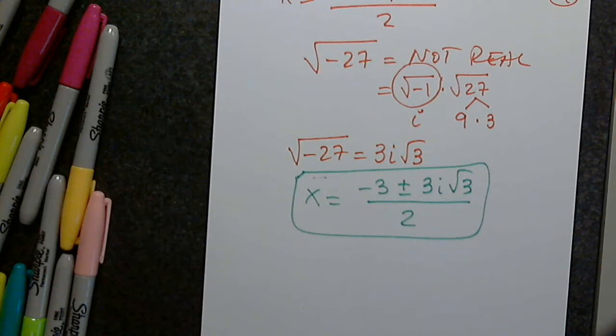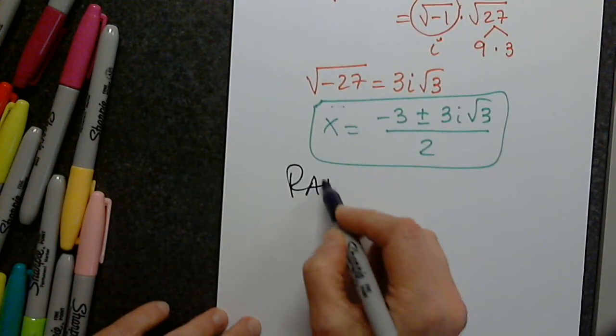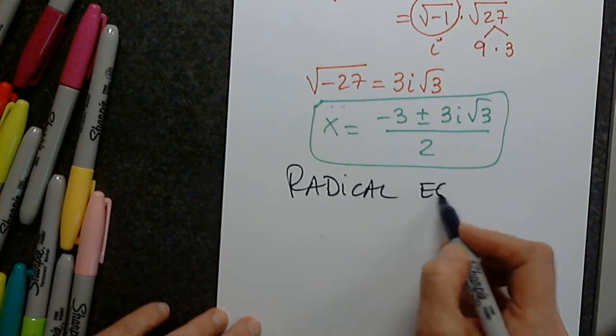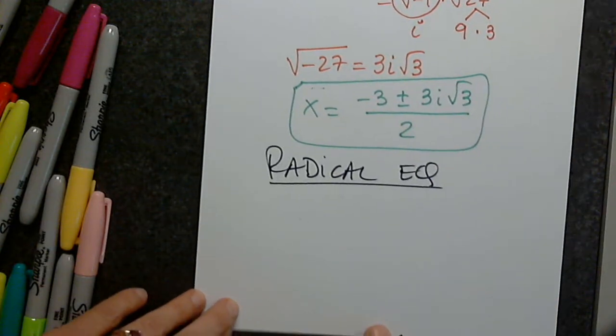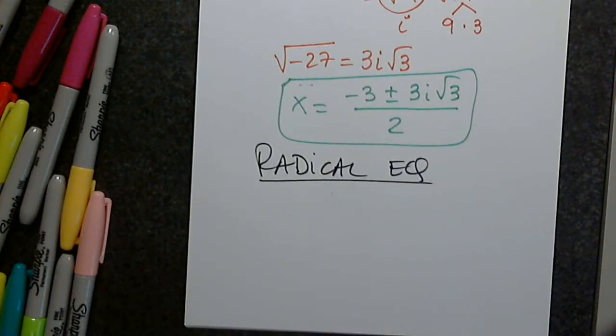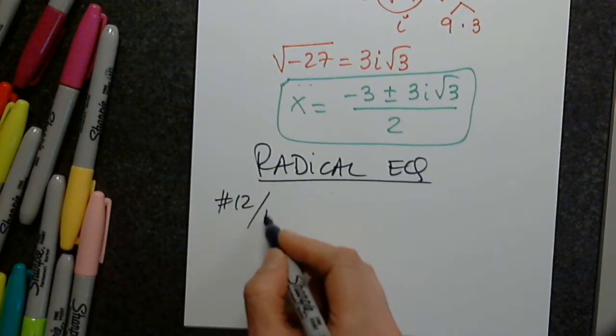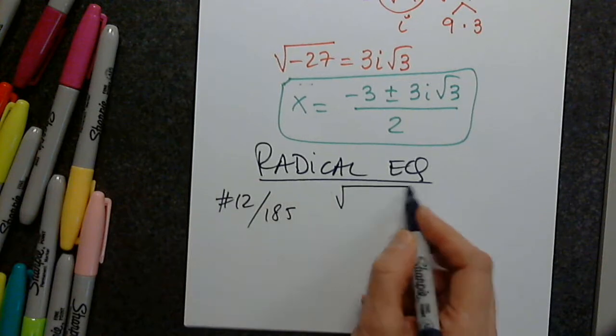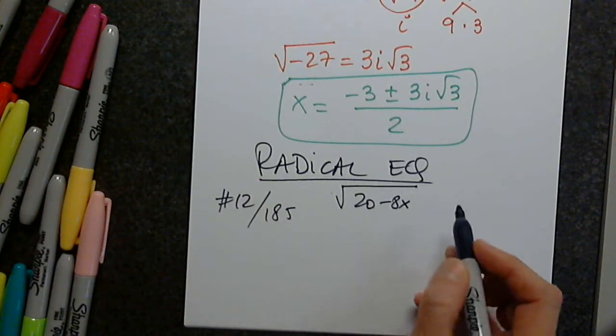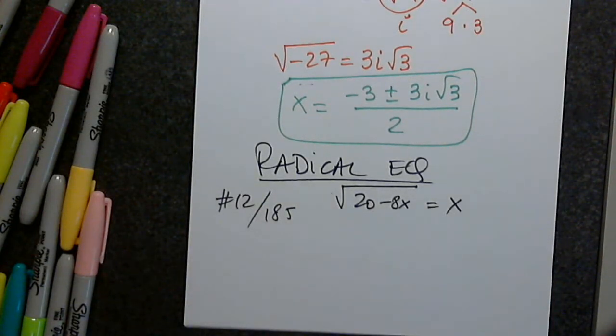Next type of equation is radical equation. So let's start with number 12, on the same page, 185. This is the square root of 20 minus 8x equals x.